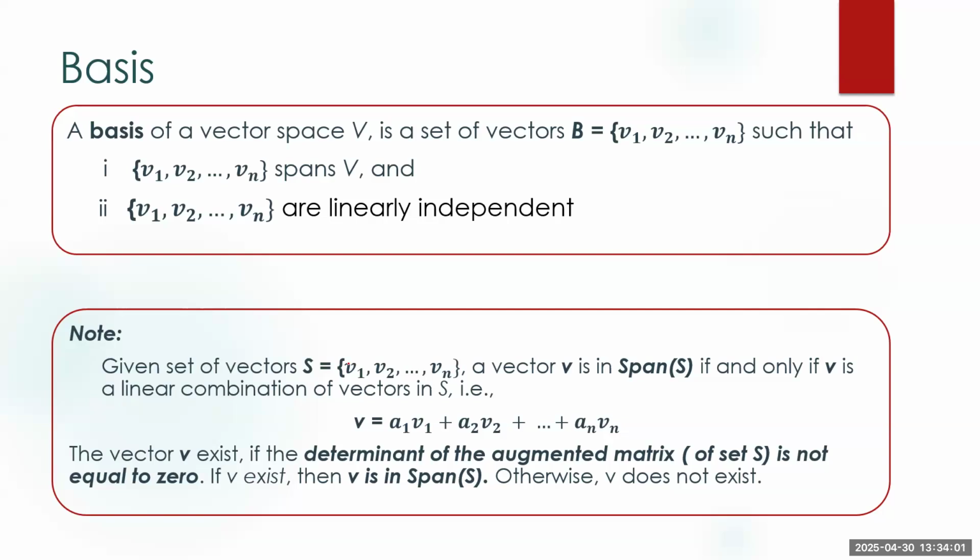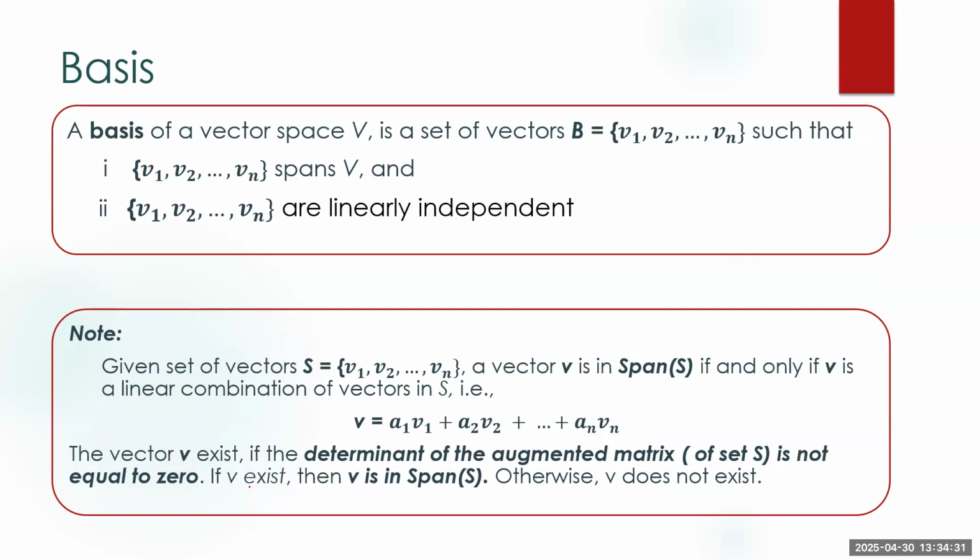Okay, the vector V exists if the determinant of the augmented matrix, here is the augmented matrix of augmented vectors V1 to Vn, would result in a non-zero value. Meaning if the determinant of the augmented matrix is not equal to 0, therefore the vector V exists.